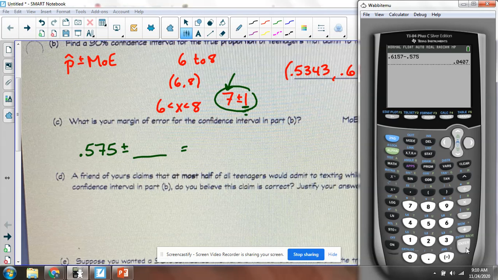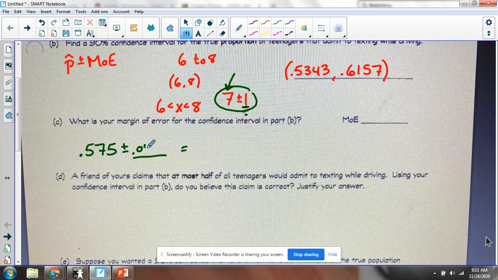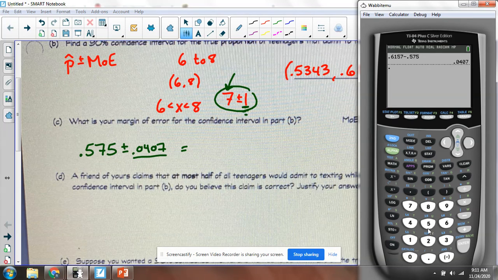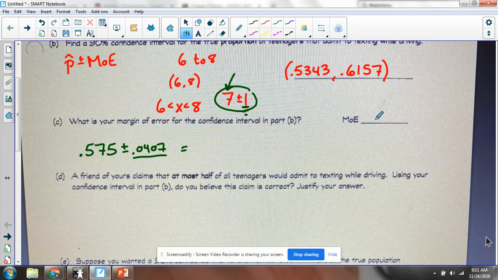So if I take 0.575 plus or minus 0.0407, I get these 2 values. Let's check this one. 0.575 minus 0.0407. It might be a little off because it rounded. That's 0.5343. So that's our margin of error, 0.0407.